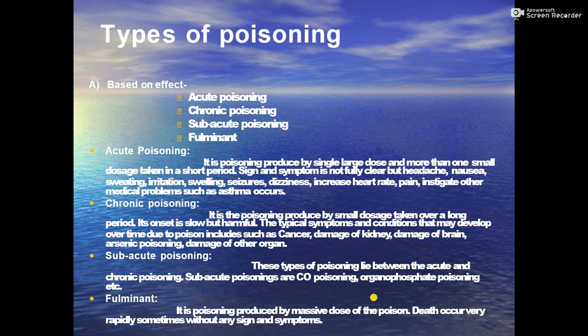Acute poisoning is the poisoning which is produced by a single large dose or more than one small dosage taken in a short period. The signs and symptoms are not fully clear, but include headache, nausea, sweating, irritation, swelling, seizure, dizziness, increased heartbeat, pain, and it can instigate other medical problems such as asthma.